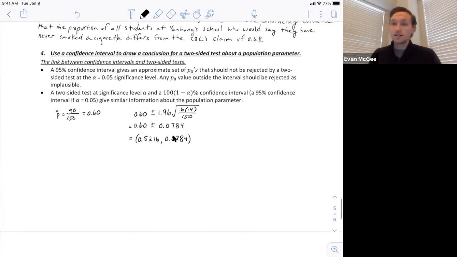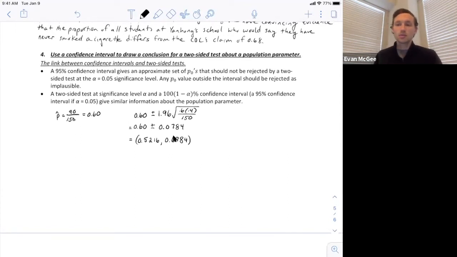So you can see that a significance test about a proportion relates to a confidence interval, and it's really important that it's a two-sided test. A 95% confidence interval gives approximate null hypotheses that should not be rejected. In this case, if the null hypothesis was anywhere between these two values, then we would not reject.